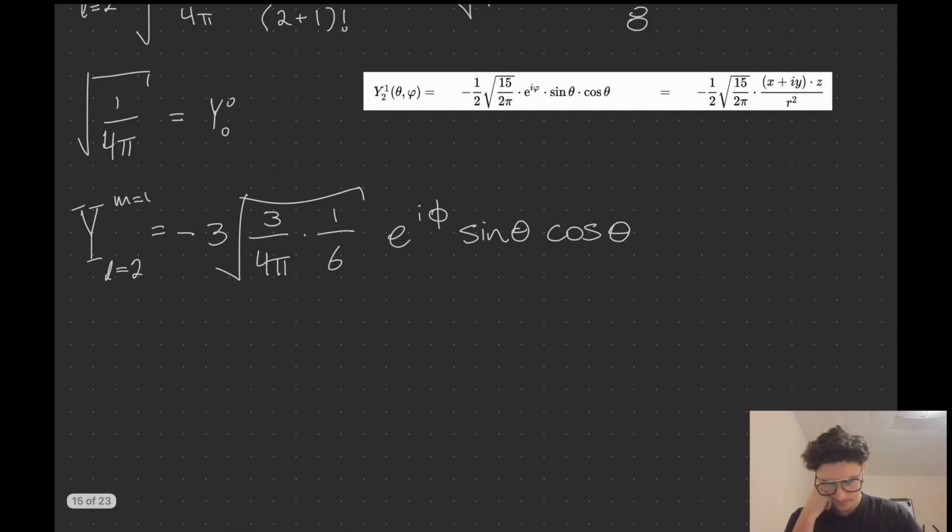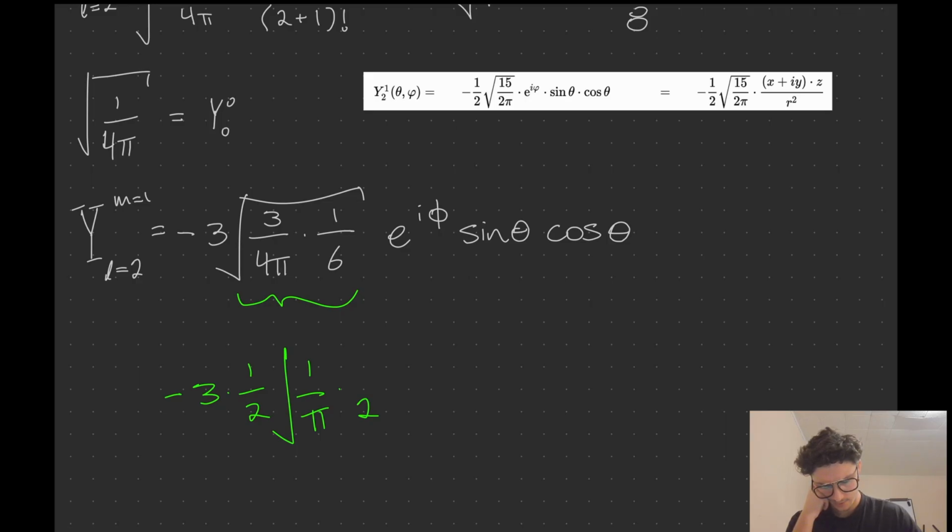Okay, can we simplify this more? Let's see here. So what I have here is minus 3 times, okay, square root of 4 is 2 again, so we can pull a 2 out like that. And then here we have a pi left, and we have a 3 over 6. Divide both by 3, we get a 1 here, and then we get a 2. I think that looks okay actually.